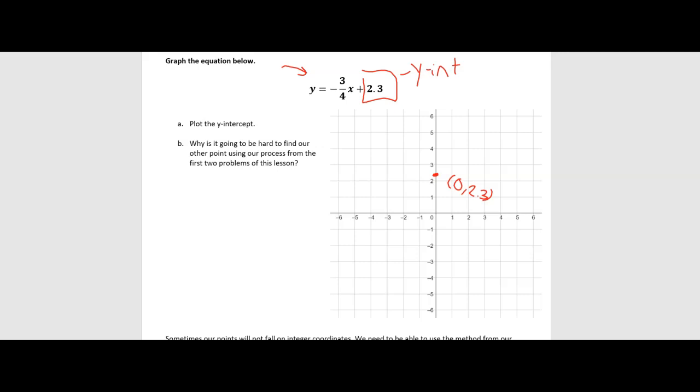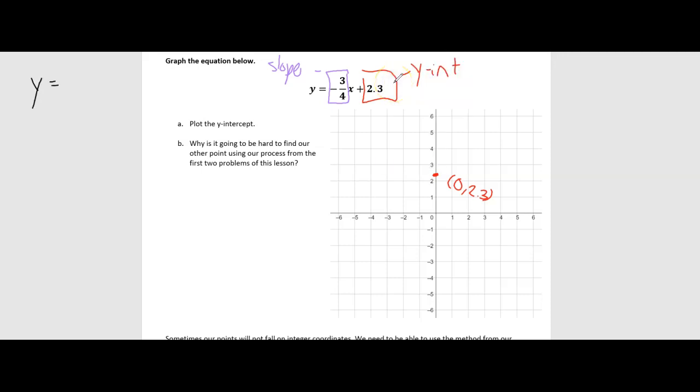So it's going to make it difficult if we're trying to count the change in y over the change in x, right? There's our slope. Because we're not starting on integer coordinates, right? We're starting at 2.3. So we're going to use the same method from above.